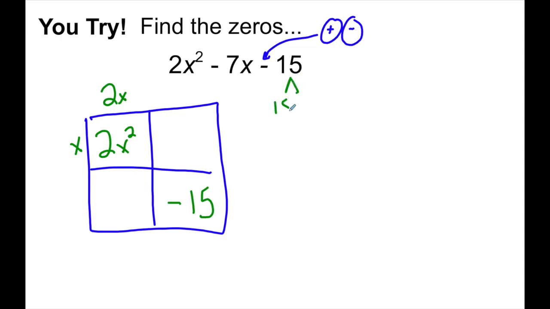Now, how do I get 15? Well, I could do 15 and 1, keeping in mind I could do negative 15 and 1, or 15 and negative 1. The only other way to get 15 is 3 and 5. Now, if I put 15 here, whether it's positive or negative, this is going to become 30. There's going to be no way to get back down to 7. So no matter what, 15 and 1 is probably not going to work.